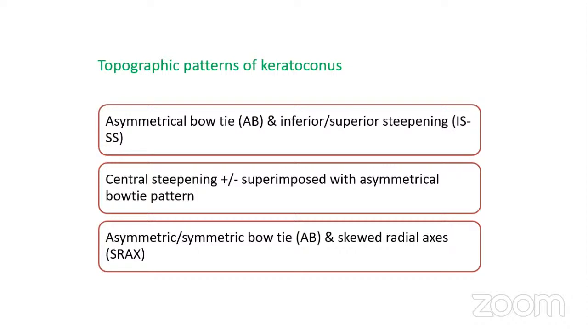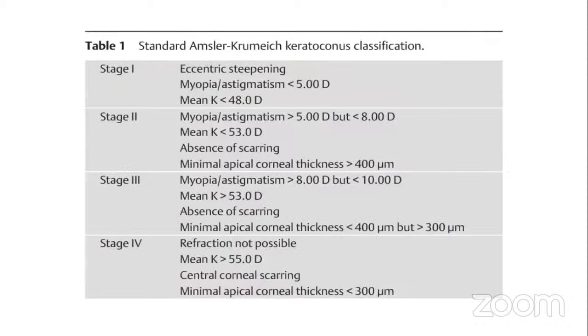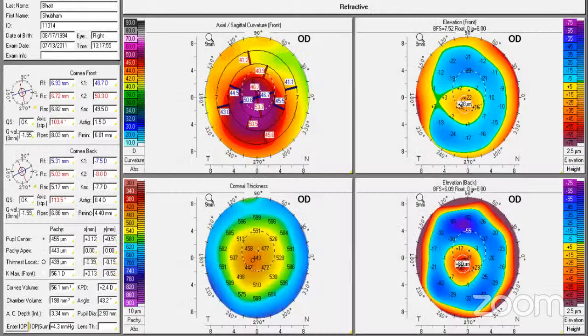And if there is a symmetric bow tie which is coexistent with a skewed radial axis, we can consider that as keratoconus. So this is one of the classifications which is divided into stages, which is not used much now in clinical practice.